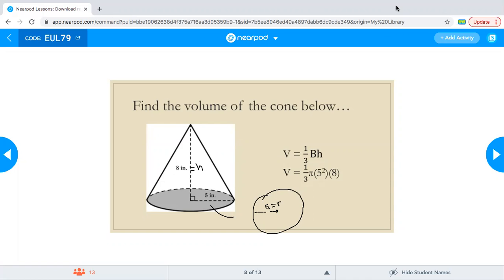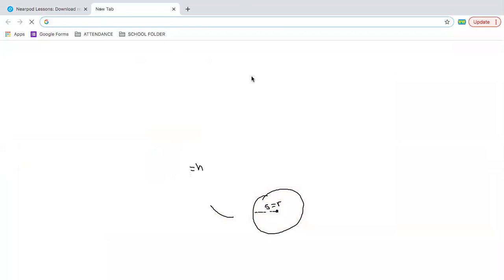So on Desmos, we're going to put this in, okay? And I want everyone to do it with me because you have to know how to do this.